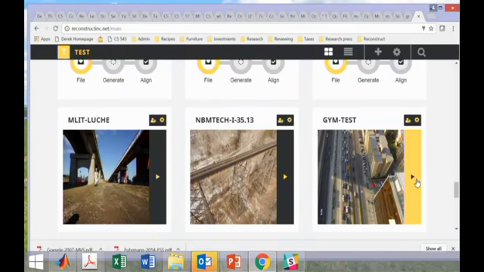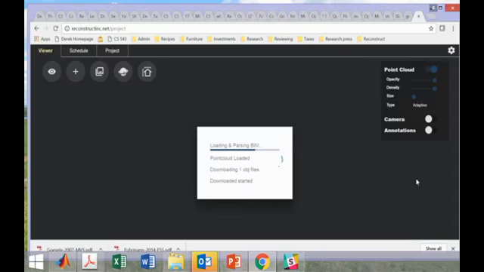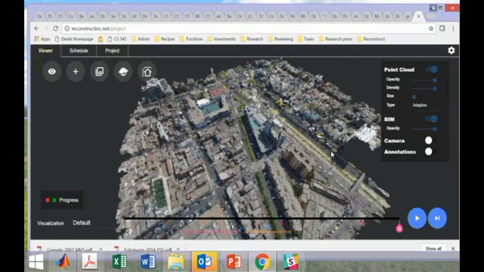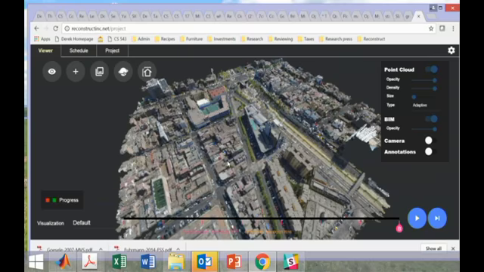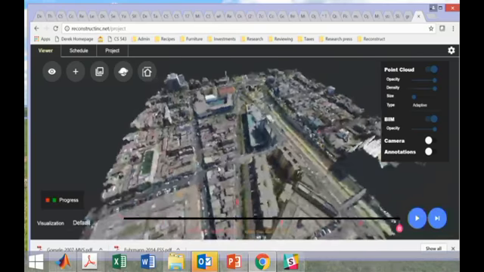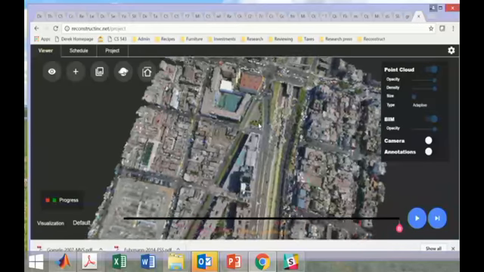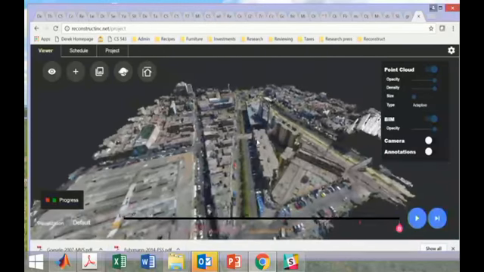I actually don't know where this one came from, but it's kind of cool. So here's an example of a reconstruction. This was done with OpenSfM, or, well, something that involves OpenSfM and MVE.